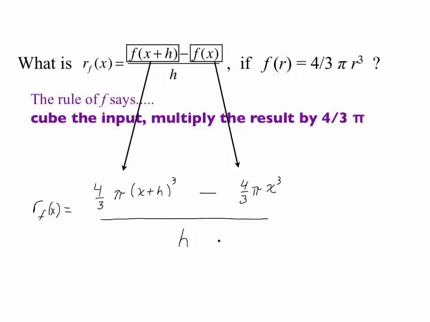Do you follow what we did? Does it make sense? Anybody have a question? What am I doing? I'm applying the rule for a particular function f to the rate function and rewriting the rate function in terms of the rule of our particular function, which is 4/3 pi r cubed. So that's what the rate function is for that particular accumulation function.